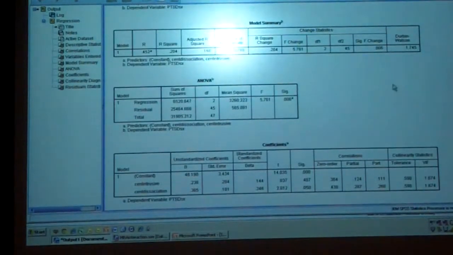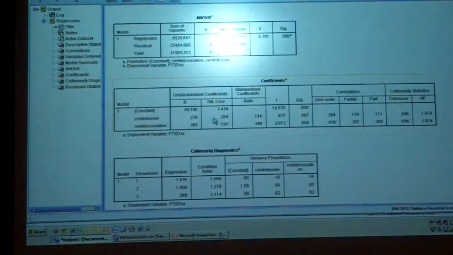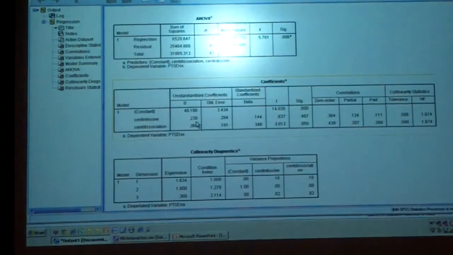The Durbin-Watson is the index of whether there's any autocorrelation in the residuals. It needs to be near 2. This one is a little low, but pretty close to 2. Then there are equations actually given in this next box, and those are the B weights and the beta weights.